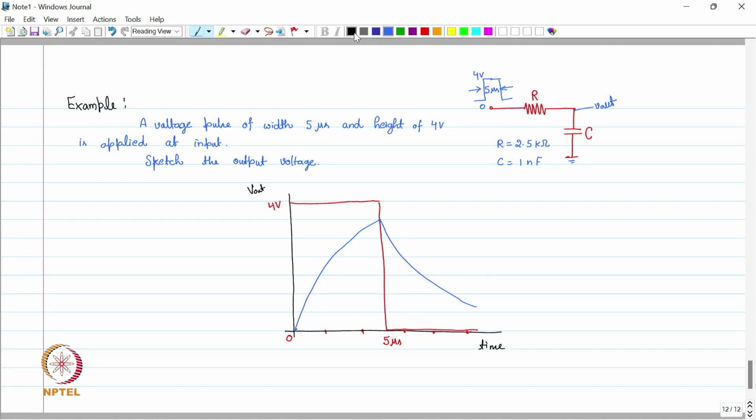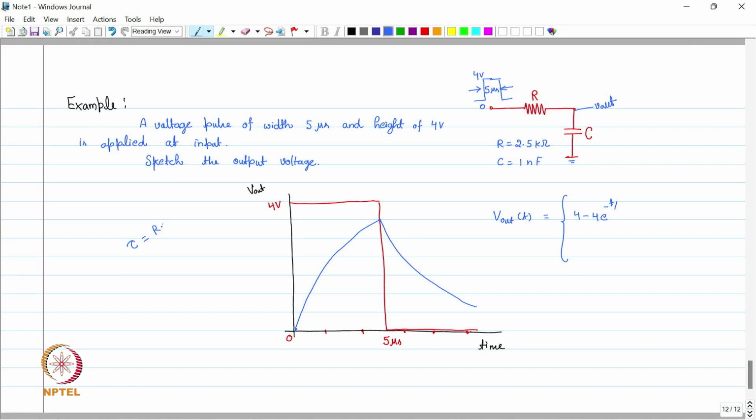And the characteristic of this V out, we can find out using the RC charging equation. For charging, we can write V out as a function of time, which is 4 minus 4 e to the power minus t upon tau.